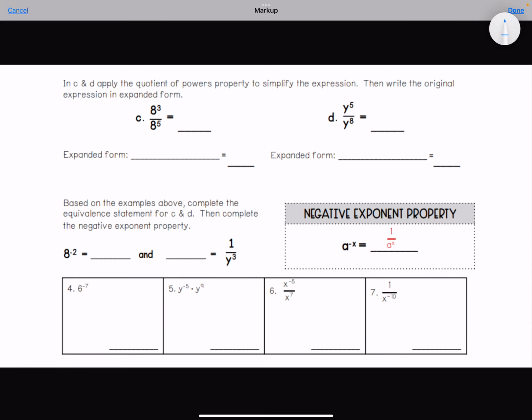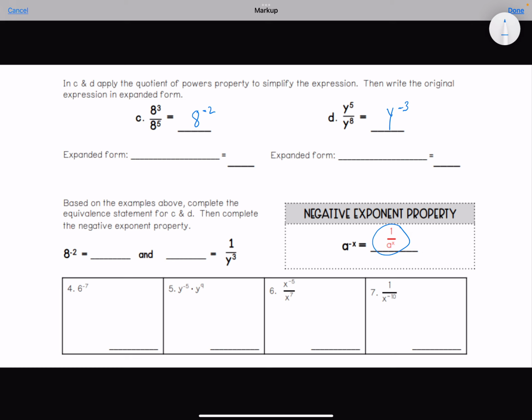So here in C and D, apply the quotient of powers property to simplify the expression. So I have 8 to the negative 2nd power, y to the negative 3rd, and our negative, right, you are not allowed to have a negative exponent.